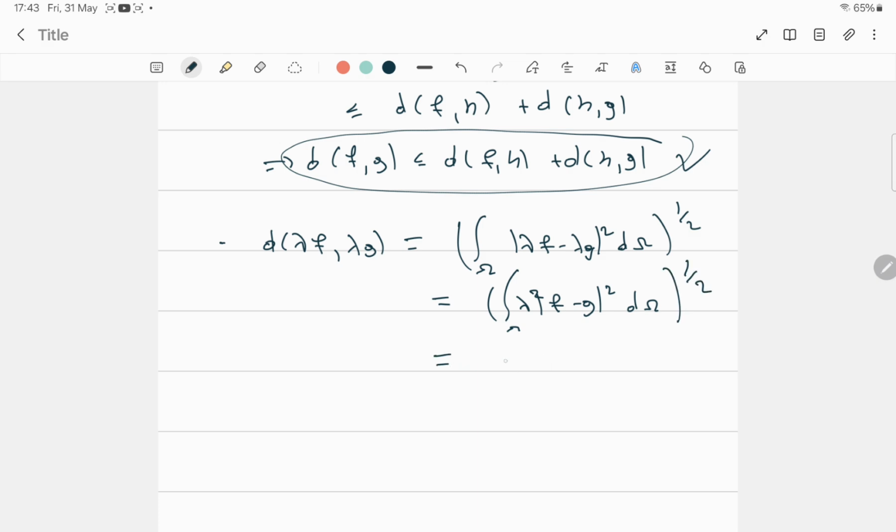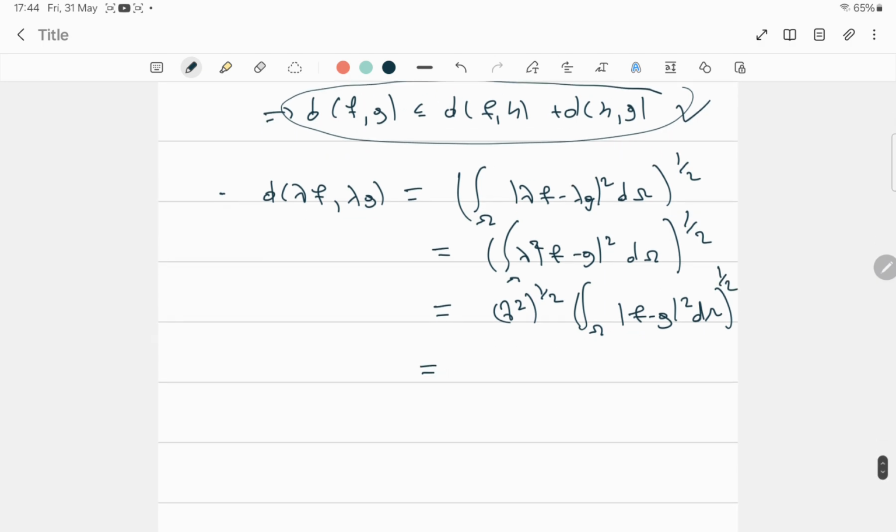So you can write this as the square root of this integral over Ω of (f minus g) squared dω, and you take the square root.